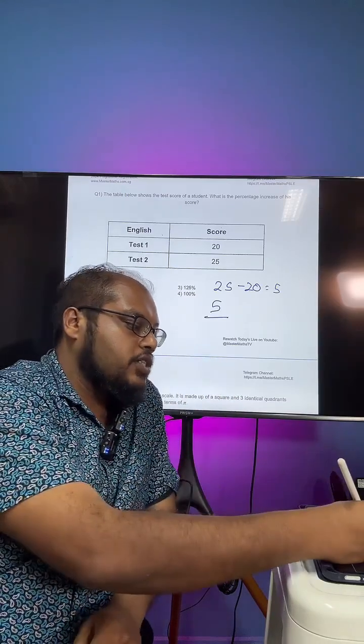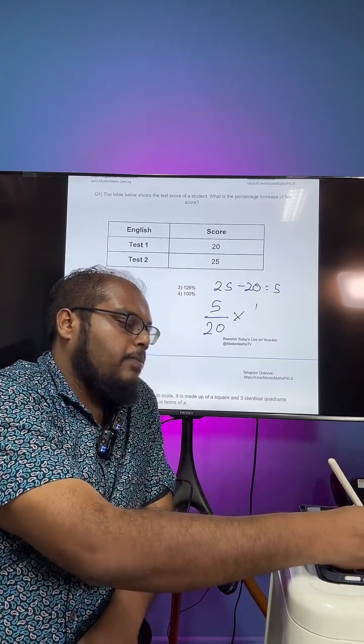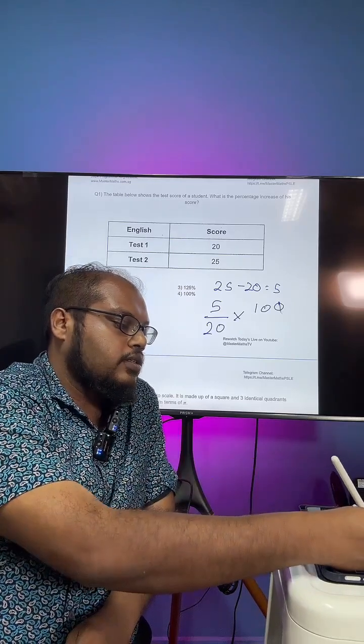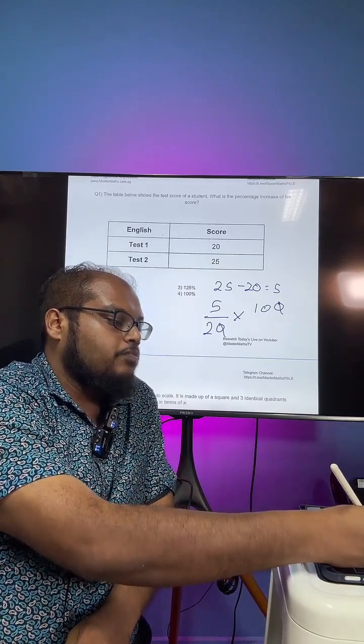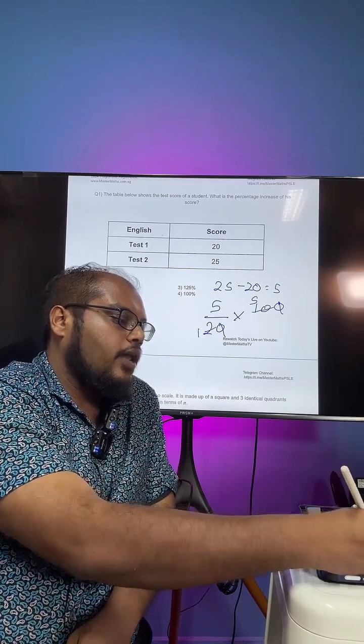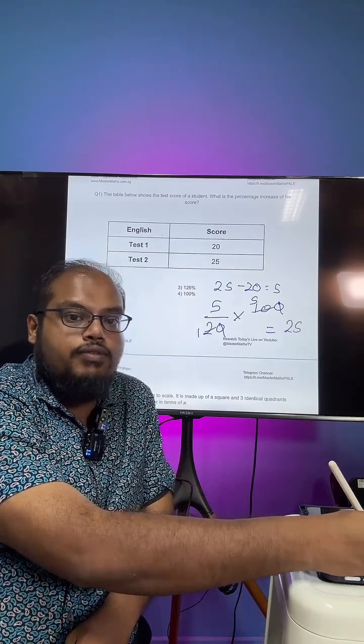So in this case, the original is 20. Then you multiply by 100. After that, you cancel the zeros. Then 10 and 2 both divide by 2, you get 5 and 1, which equals 25%.